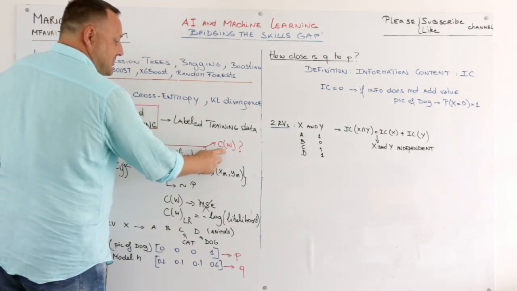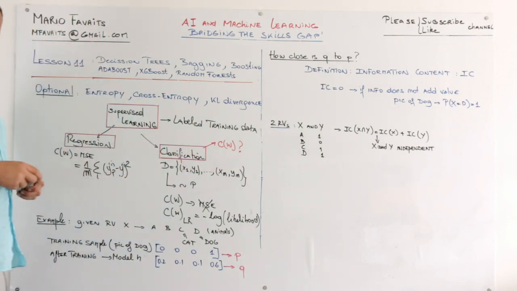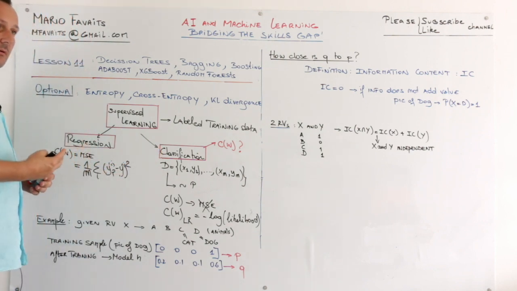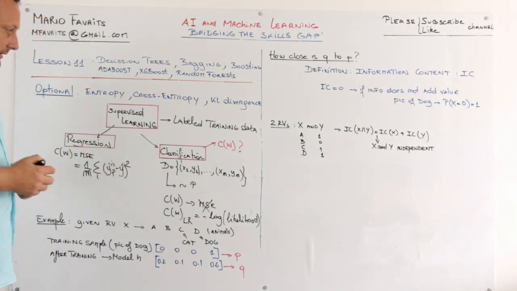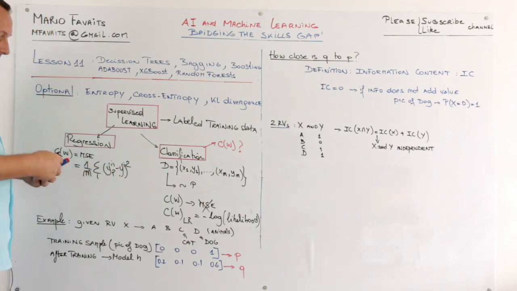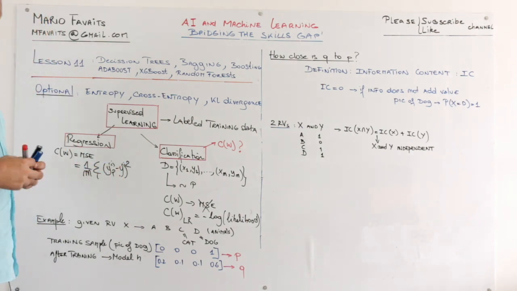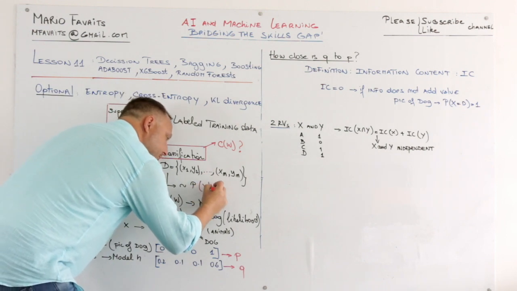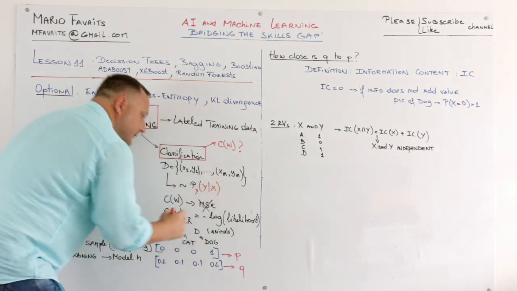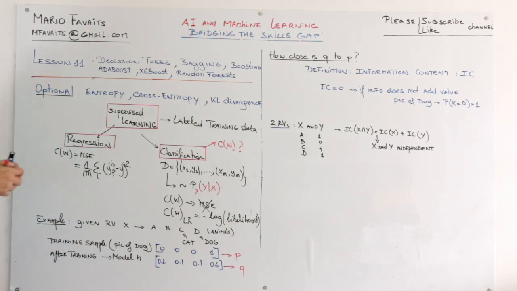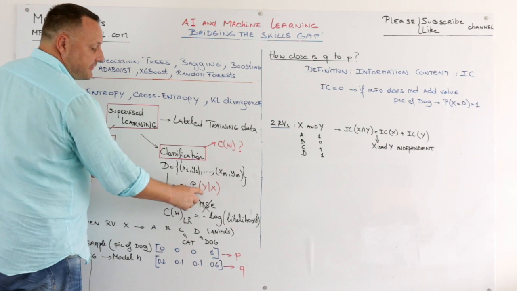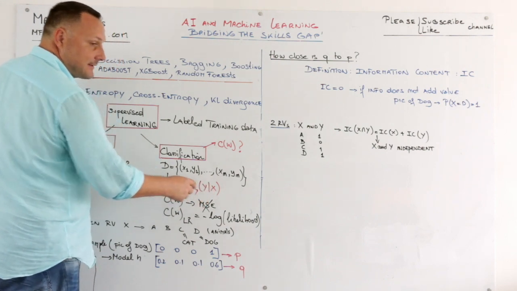Now in classification, what cost function should we use? It's not that obvious. So how do we define a classification problem in general? Well, you have a data set D, and the data set D is drawn from a distribution P. The distribution P is unknown to us. It's the probability of seeing the label y given x.